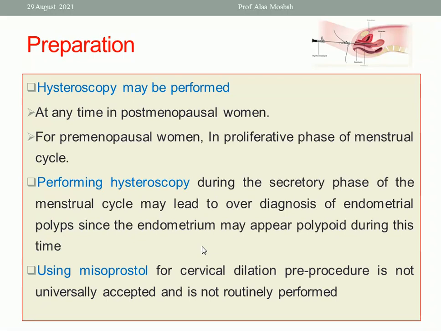Okay, we will ask the patient to have a misoprostol vaginal tablet 4 hours before surgery or at night before the operation. Some prefer to do that to help cervical dilatation and make it easy during hysteroscopy, but it is not routinely done.